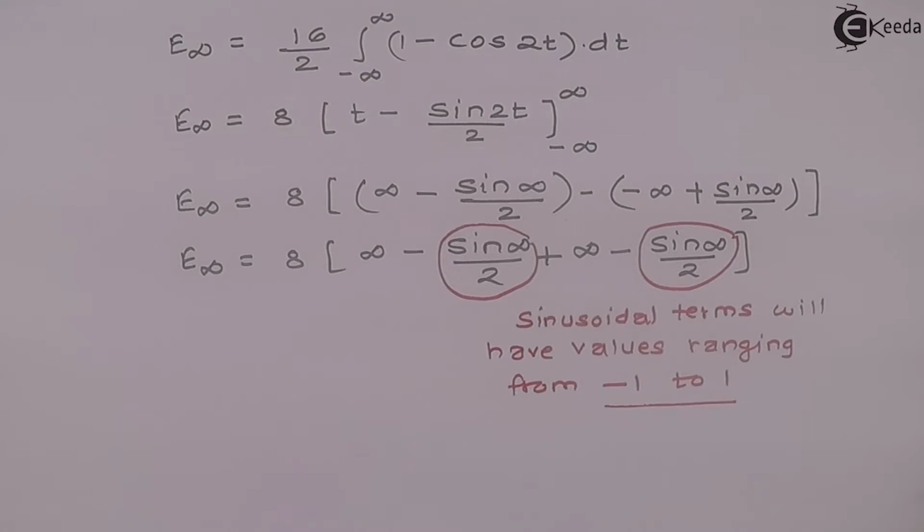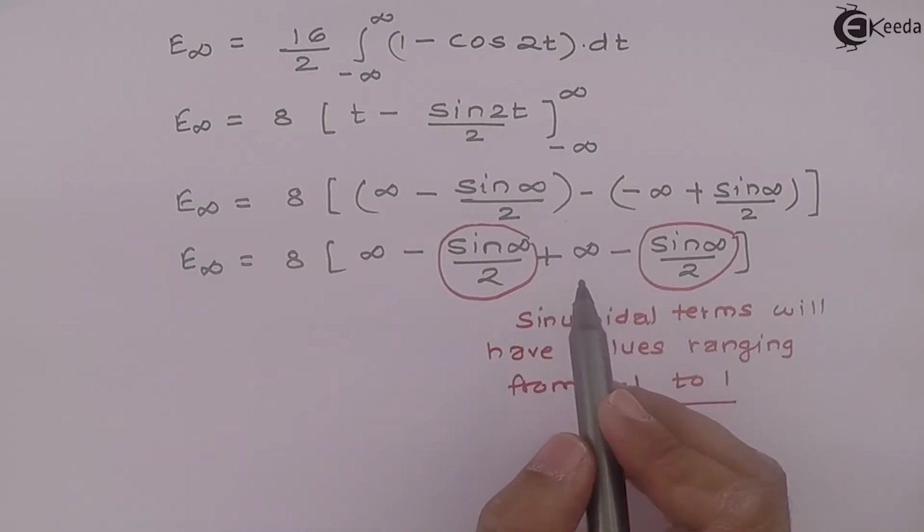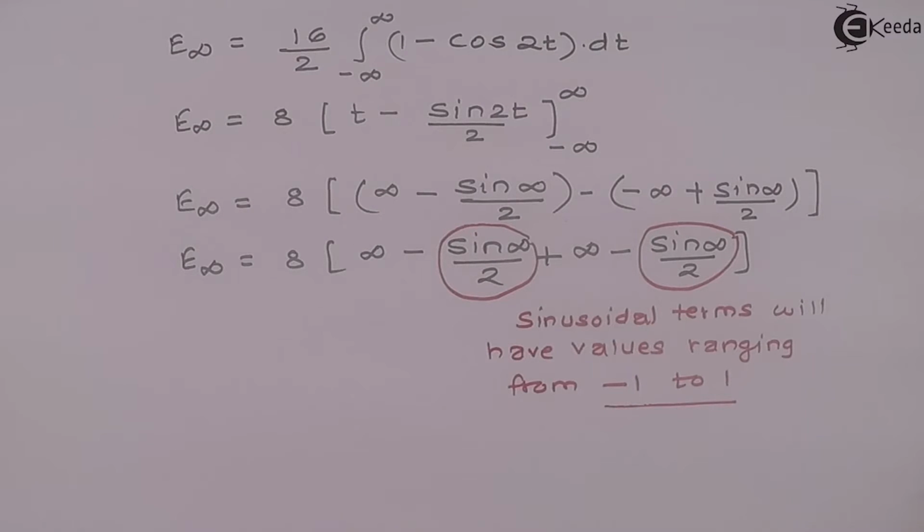Sine cannot have values beyond this range. So for any angle, be it infinity, I cannot have a sine term more than 1 and it cannot be less than -1.